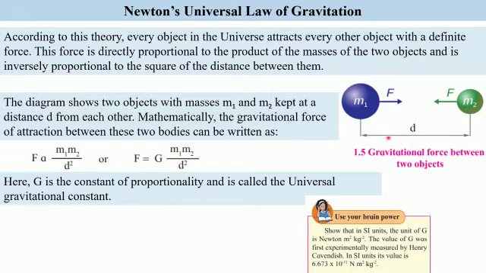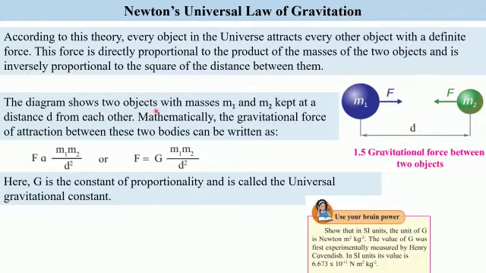Let the distance be 1 meter. They both are separated by a distance of 1 meter from one another. So we have considered unit masses, that is 1 kg, and unit distance, that is 1 meter. So both these objects having mass m1 and m2 are exerting force upon one another.